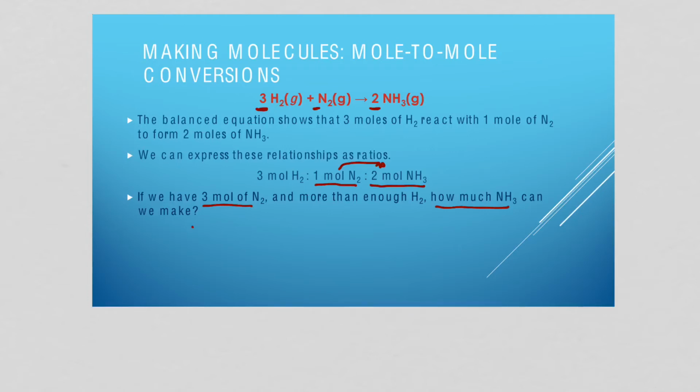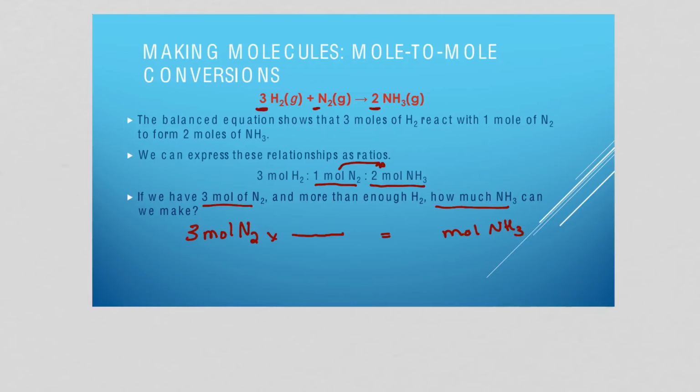Well, we're going to, of course, use dimensional analysis. I'm going to start with what I know, 3 moles of N2. And the idea is I want to convert this into moles of NH3.